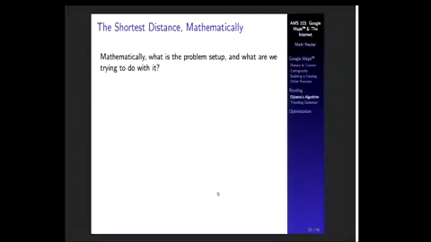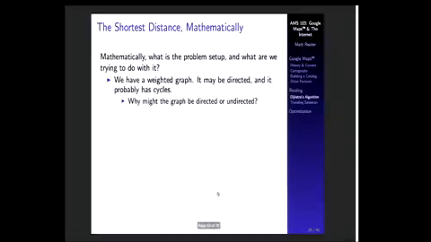Sure. So when we think about shortest distance, what are we actually trying to do? Well, what we've obtained by looking at this map and all of this geographical information is, first of all, a graph. But secondly, we get a weighted graph, because those different routes might have different numbers associated with them. They have a different length, a different amount of time.